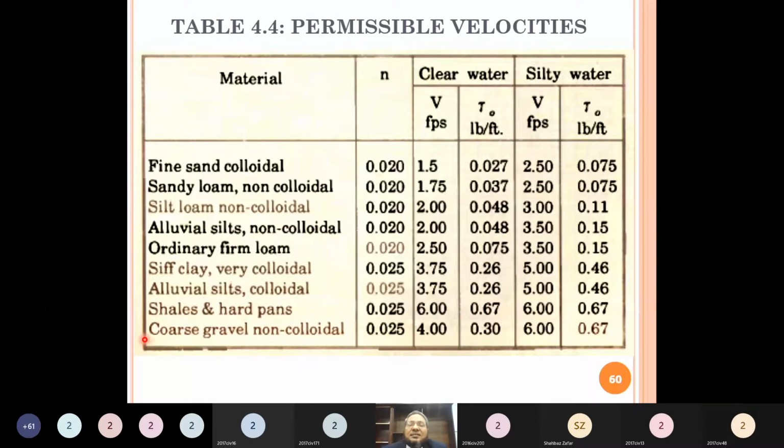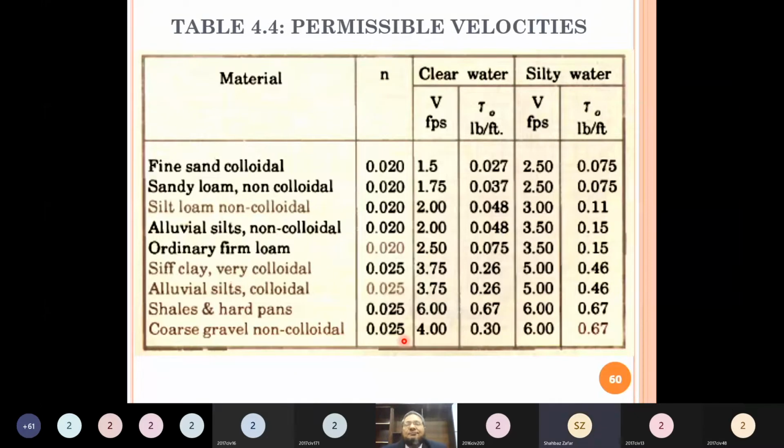So Shahbaz, you asked me how to select the value of Manning's N. Now you can see, for several materials of the channel, the value of Manning's N varies from 0.02 to 0.025.